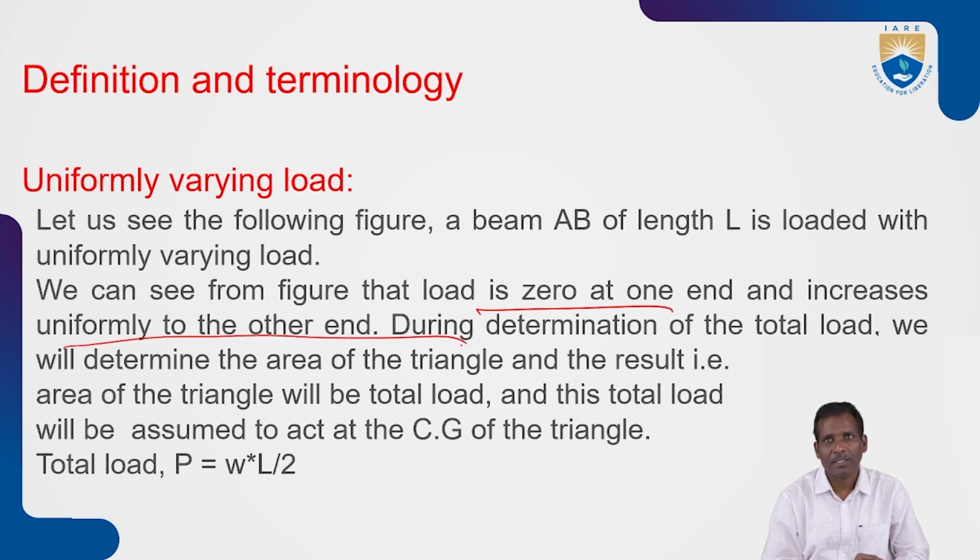So during determination of the total load, we determine the area of the triangle. The area of the triangle will be the total load, and this total load will be assumed to act at the center of gravity of the triangle.